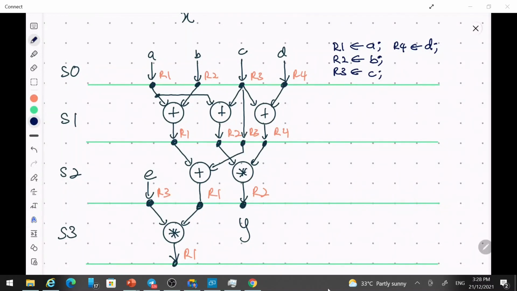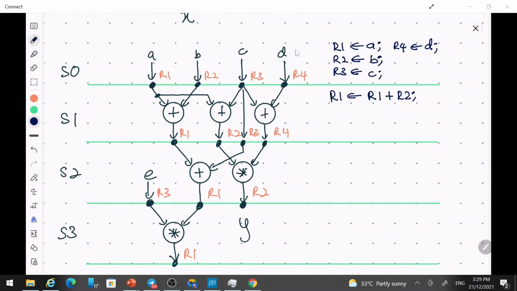What about S1? In S1, you can see here, the first one is R1, where you have R1 equal to R1 plus R2, right? The operation is R1 is actually R1 plus R2. Okay.